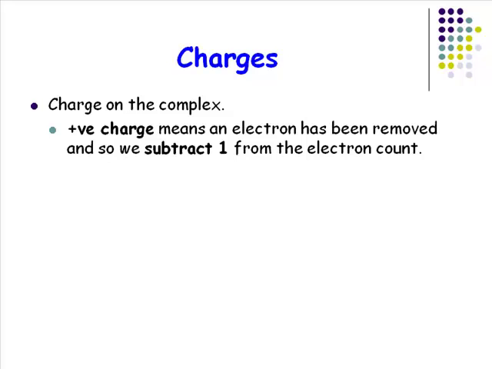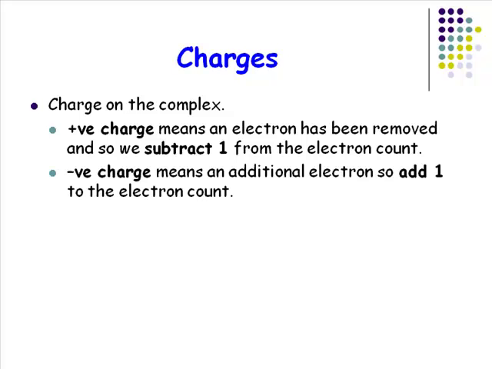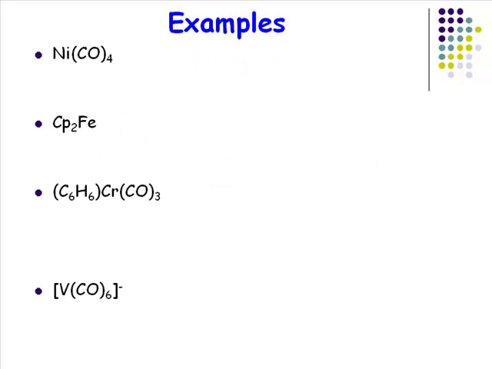So if the species is positively charged, we need to remove an electron from our electron count. Equally, if a species is negatively charged, then you have added an electron and you need to add an electron to your count. So don't forget the charge on the complex. It is incredibly important and an easy way to slip up if you're counting electrons in these species.